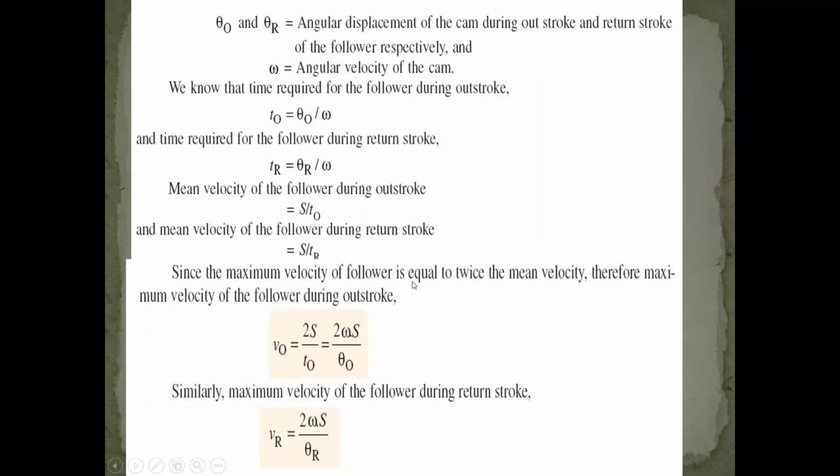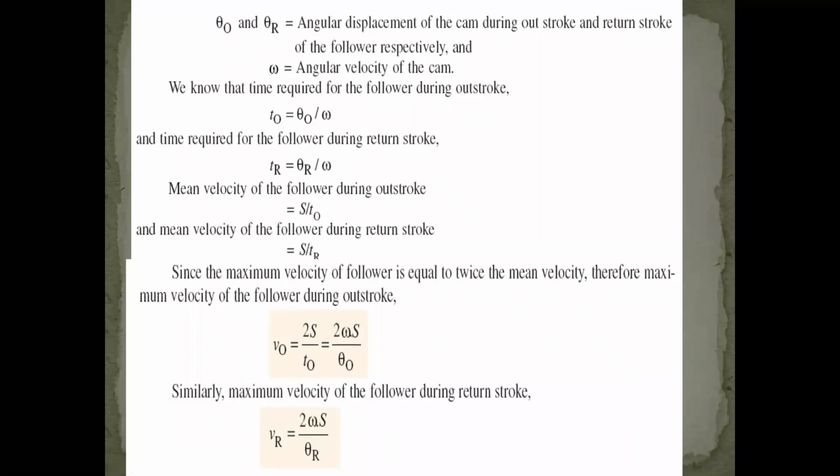Similarly, the maximum velocity is 2 times the mean velocity, so 2 into S by T naught, which is 2 omega S by theta naught. For the return stroke, it is 2 omega S by theta R.